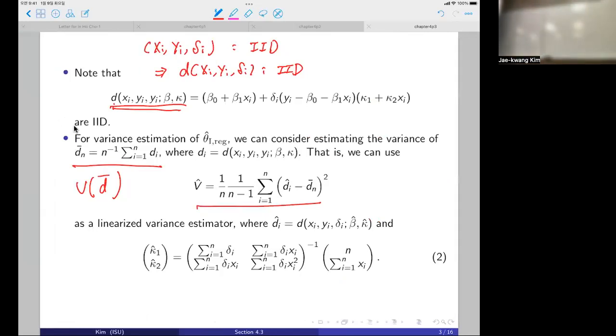So this is why kappa is defined like this. Why are kappa 1 and kappa 2 defined like this?